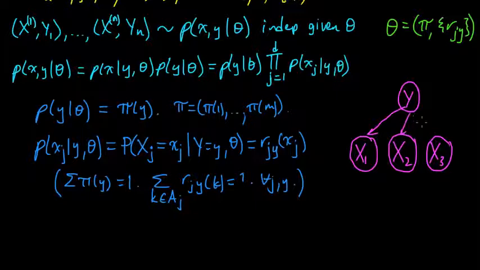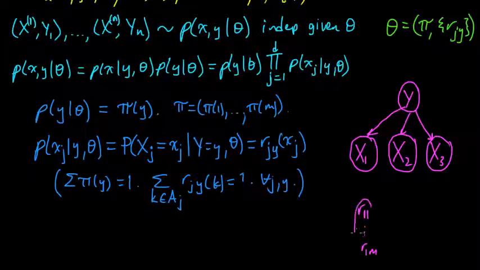And these depend on y. So I'm drawing a graphical model if you know what graphical models are. And then x1 also depends on this r_1. It's 1 for the first coordinate. So j is 1. And y, little y, goes from 1 to m.